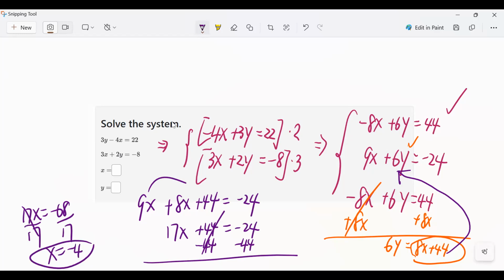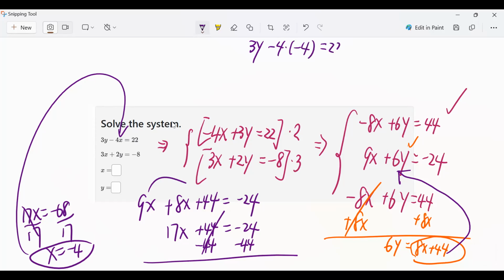So we figured out the x value. Now you can go back to any original equation and replace x with negative 4. We have 3y minus 4 times -4 equal to 22. 3y plus 16 equal 22.